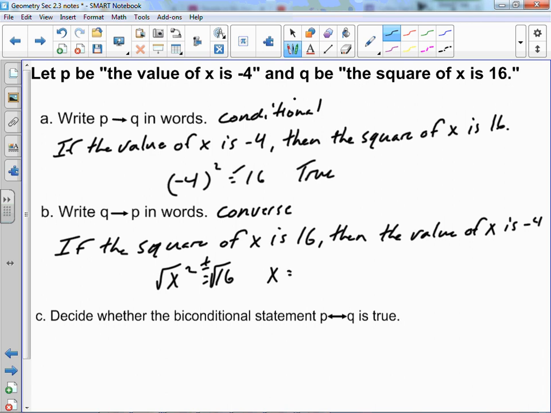So that would give us x is plus or minus 4. So you've got +4 as a possibility or -4 as a possibility, where if you square it, you get 16. So -4 is not the only possibility, which means the converse is false. Which means that the biconditional would be false because the conditional and converse were not both true.